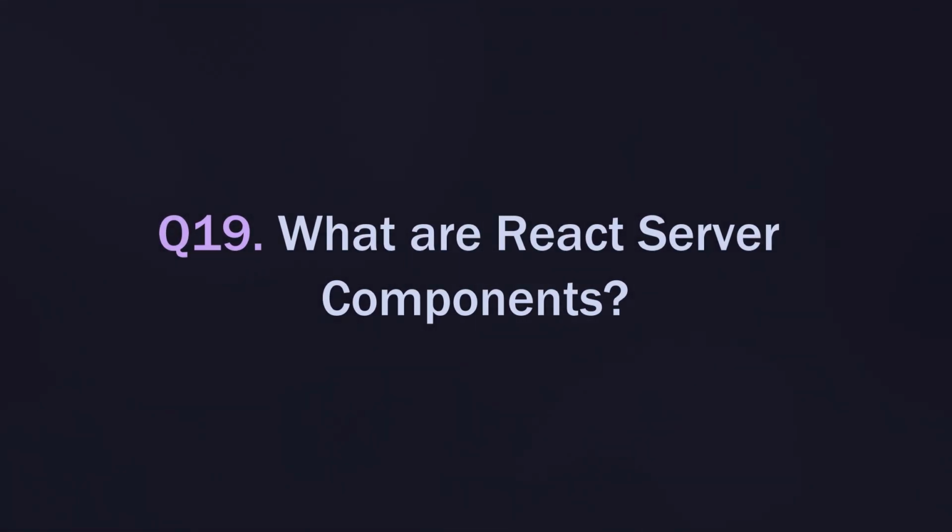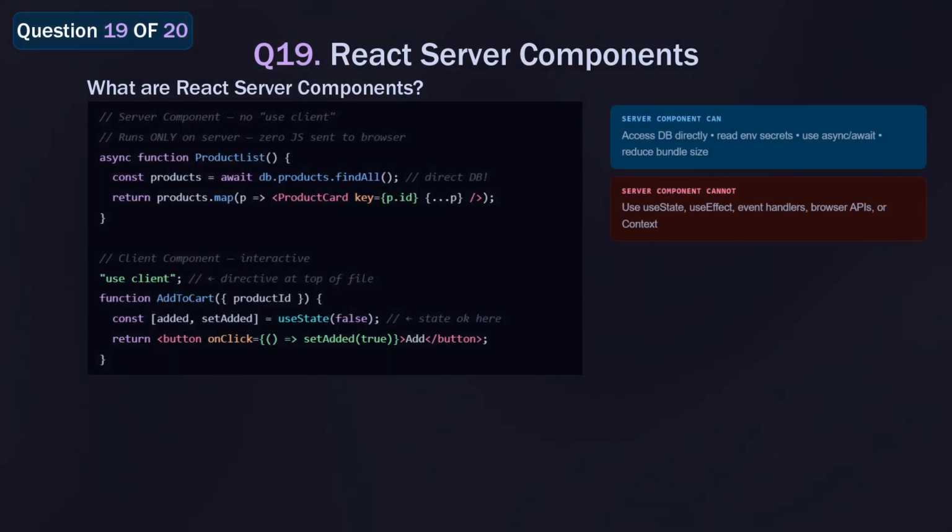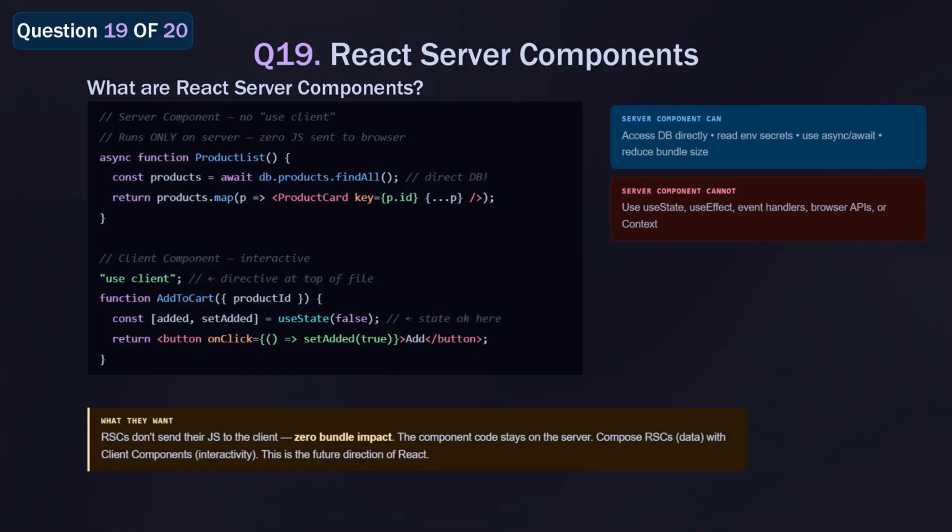What are React Server Components? React Server Components run exclusively on the server. They can directly access databases, file systems, and server resources without any API layer. Their output, a serialized component description, is sent to the client, not the JavaScript bundle. The key distinction from SSR: RSCs don't send their JavaScript to the client at all.